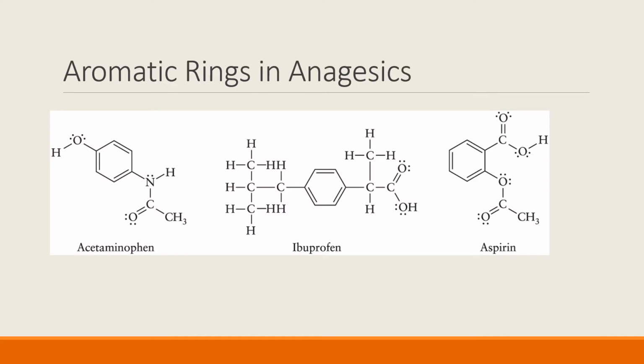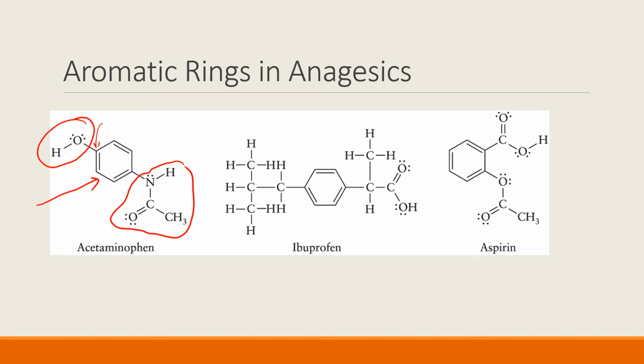Compounds containing aromatic rings other than benzene have one or more hydrogen atoms of the aromatic ring replaced with a carbon chain or other non-metal atoms. For example, in the examples shown here, we can see in this case the hydrogen atom at this position has been replaced by an oxygen and H group, and also this bulky group has replaced the hydrogen atom here.